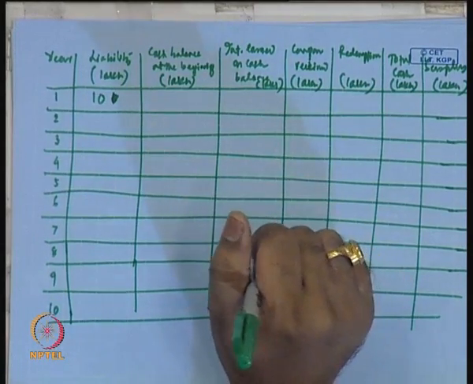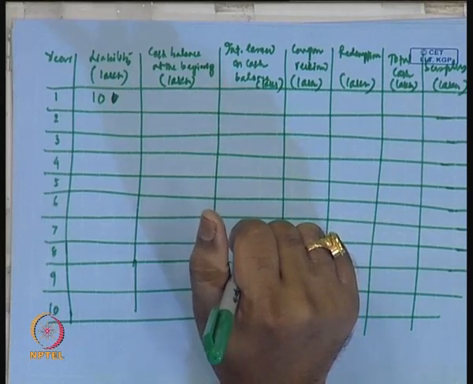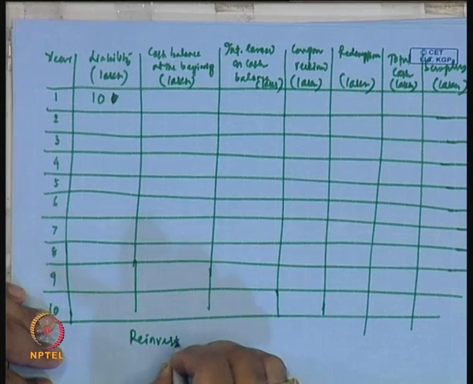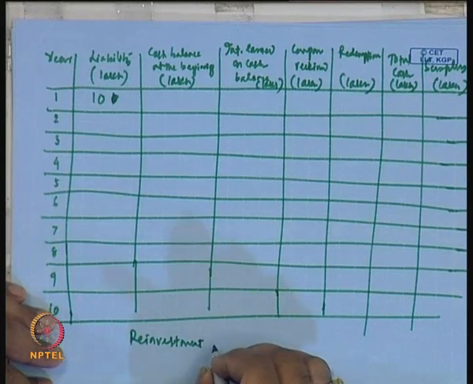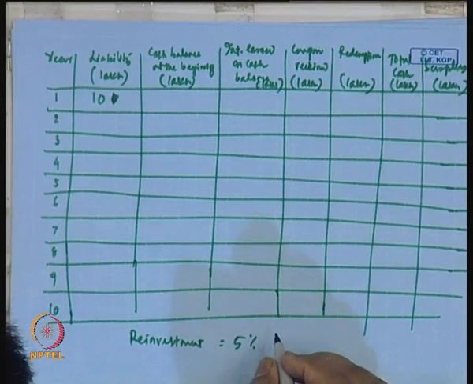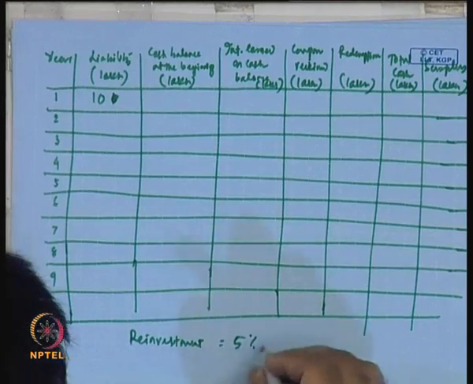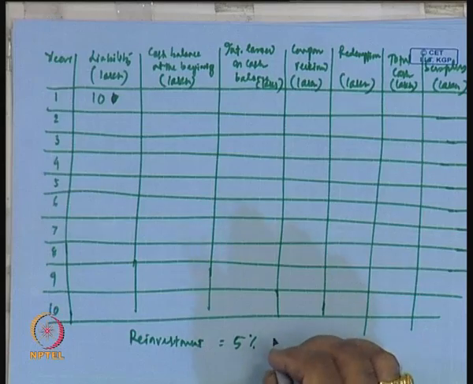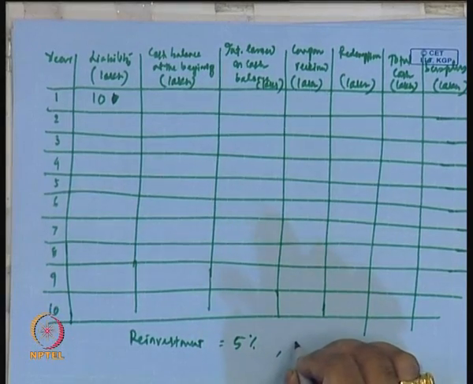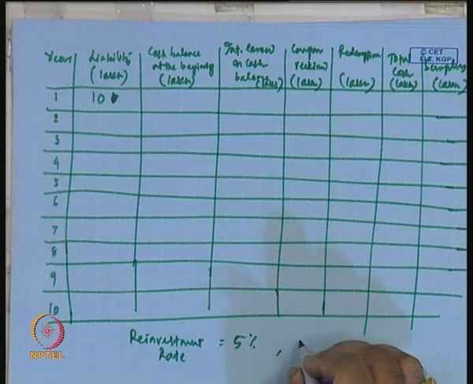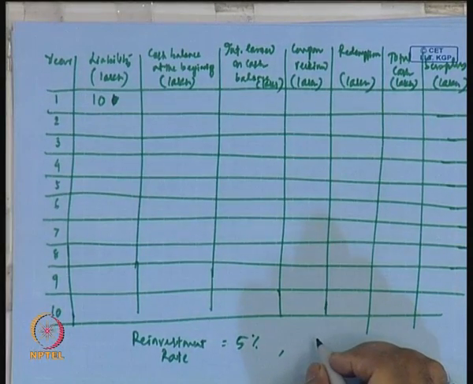Let's take another assumption. The reinvestment rate we can assume is 5%; interest is always 5% on the basis of this investment. The redemption is the maturity value of the investment.